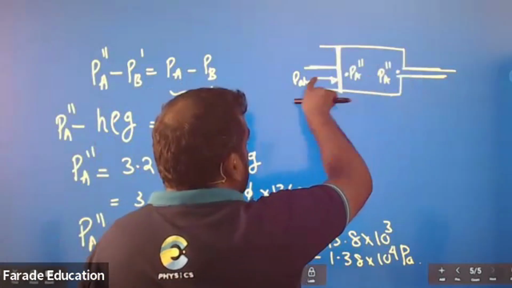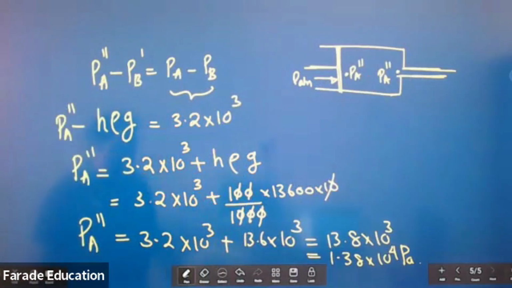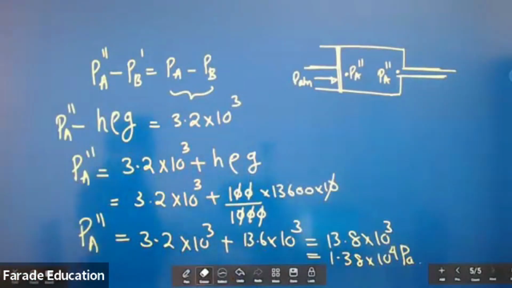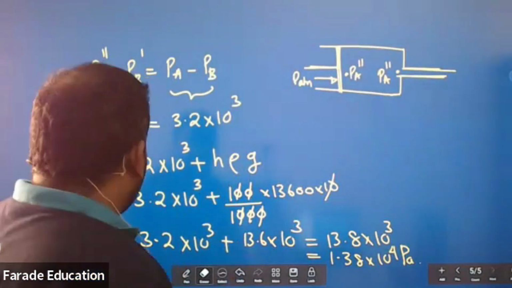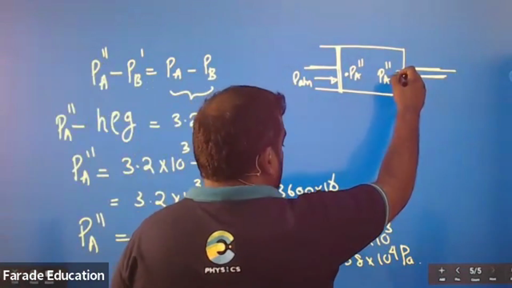Now, if you are pushing this, you have to create a larger pressure, no? If you are pushing this, you must create a larger pressure. Now, how will you create the larger pressure? Right. So, what we can see here now is PA double dash is 1.38 times 10 to the power 4.